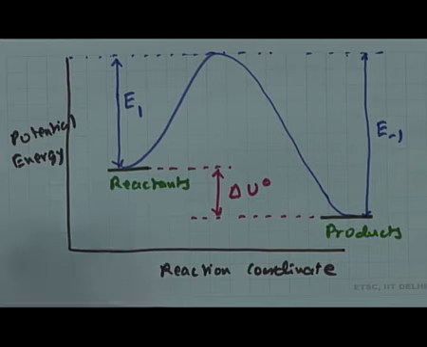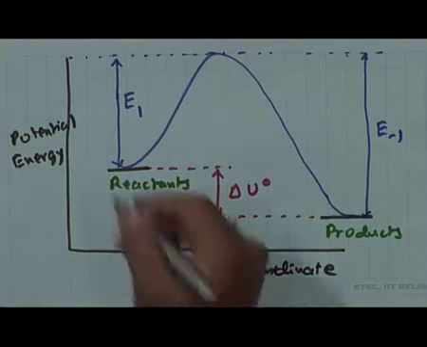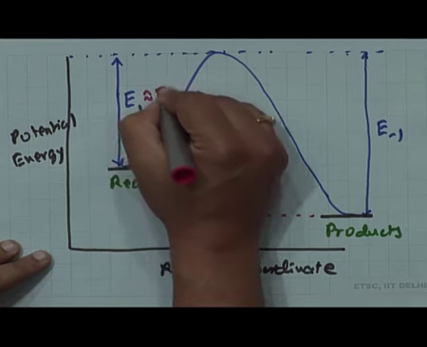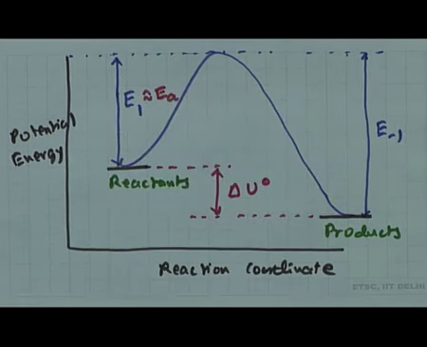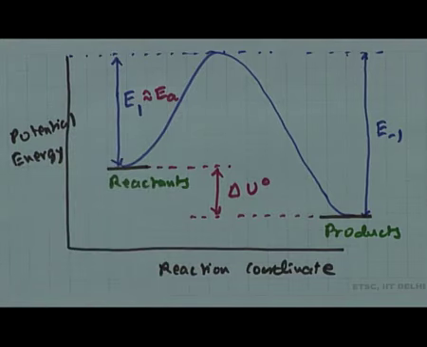Let us say E1, because we are more accustomed to looking at reactions going from reactants to products. This E1 is your Ea, the activation energy.